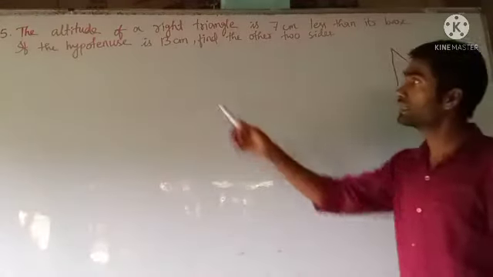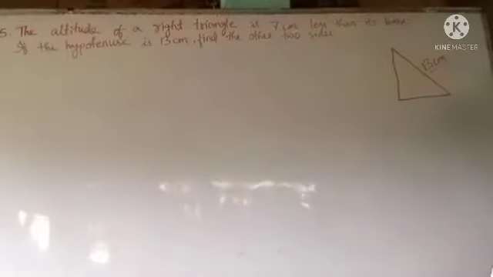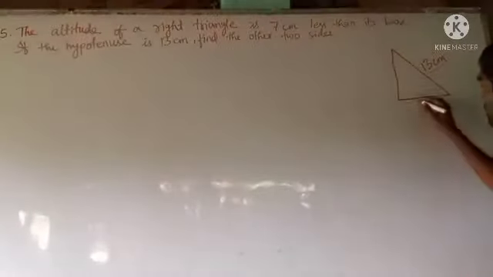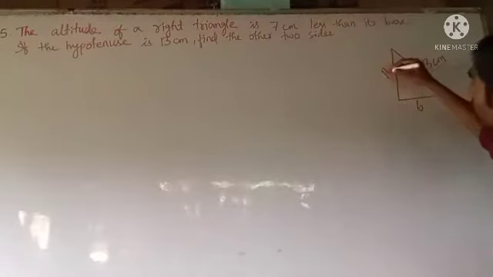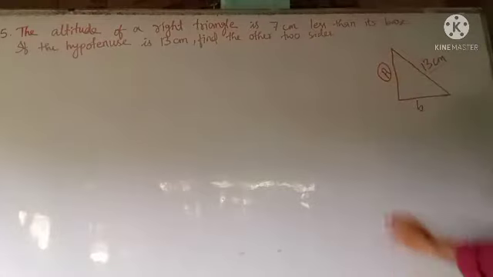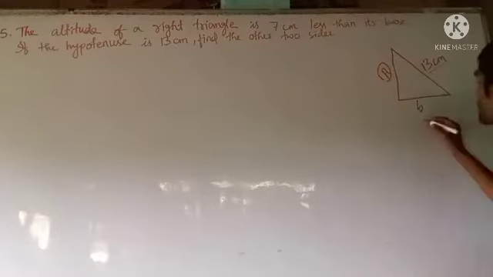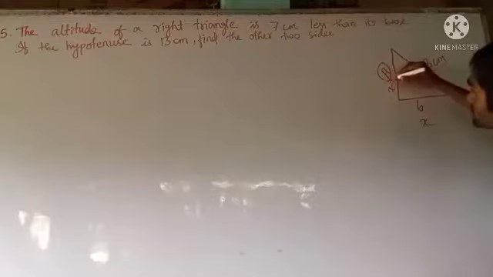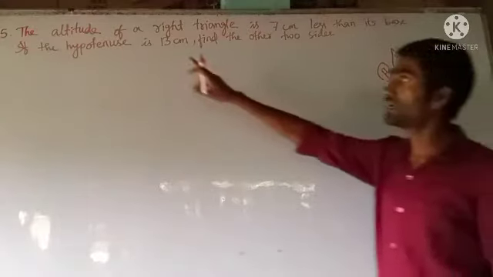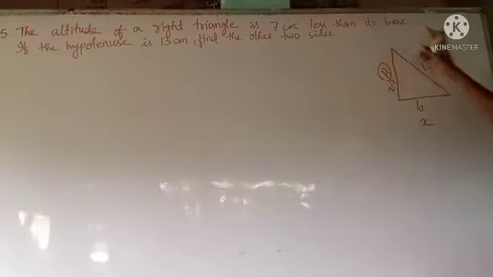And it is given that the altitude of the right angle triangle is 7 cm less than its base. This is the base and this is the altitude. Now this altitude is 7 cm less than this base. If we say the base is x, then the altitude will be x minus 7, because the altitude is 7 cm less than its base.